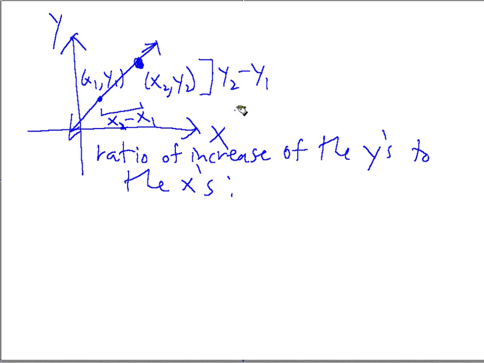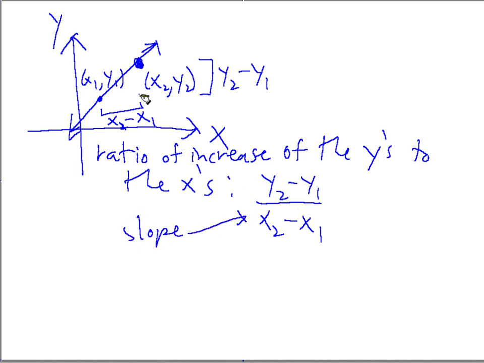The increase of the y's is y2 minus y1, over the increase of the x's, from here to here, which is x2 minus x1. And that's precisely the slope formula that we're going to use to calculate the slope of 2 points.